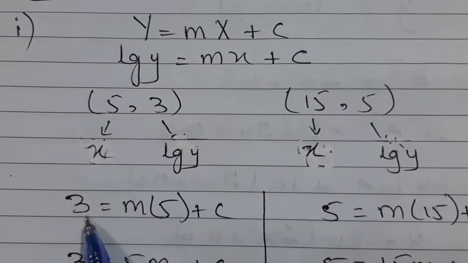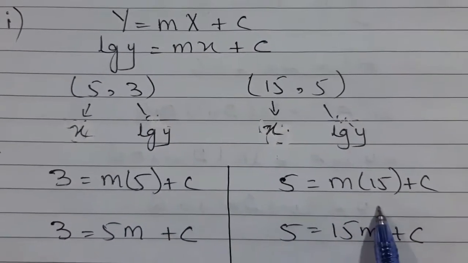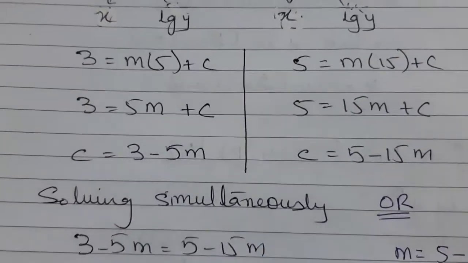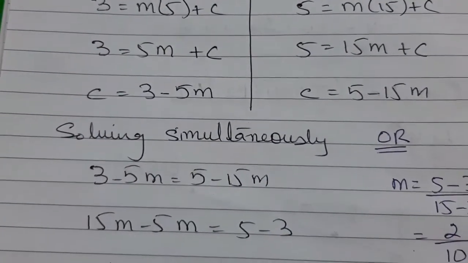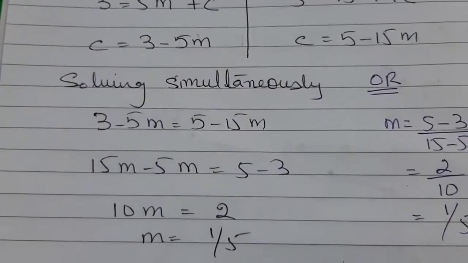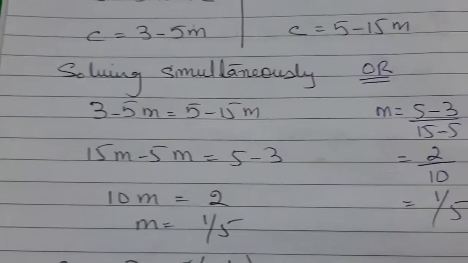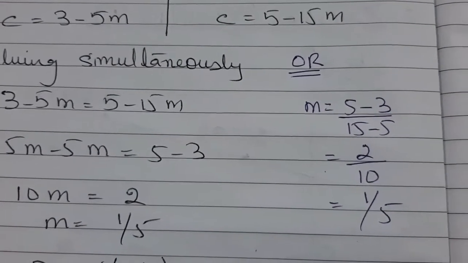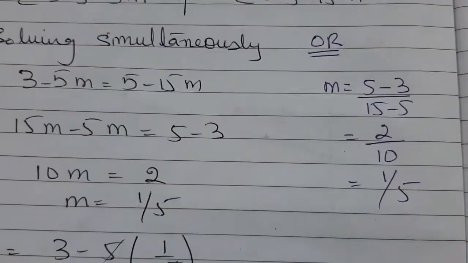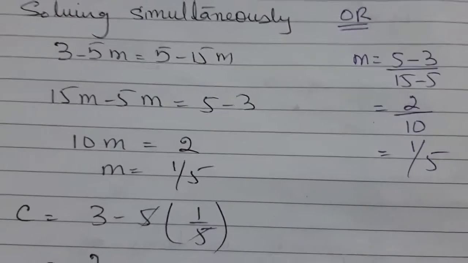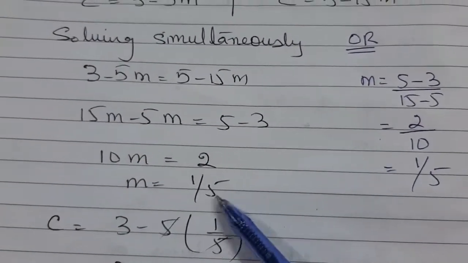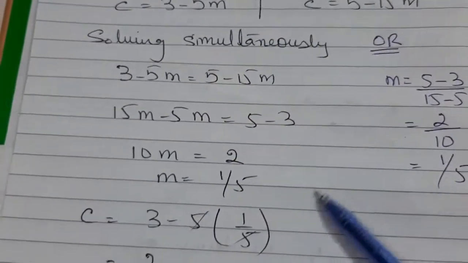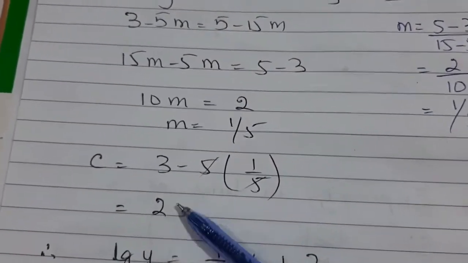Anyways, I'm substituting the values here, and then solving both the equations simultaneously to get the value of m and c. So m is 1/5, and here I have just done the gradient formula method. Then to find out c, I'm plugging the values into one of the equations, and I got my c, which is 2.